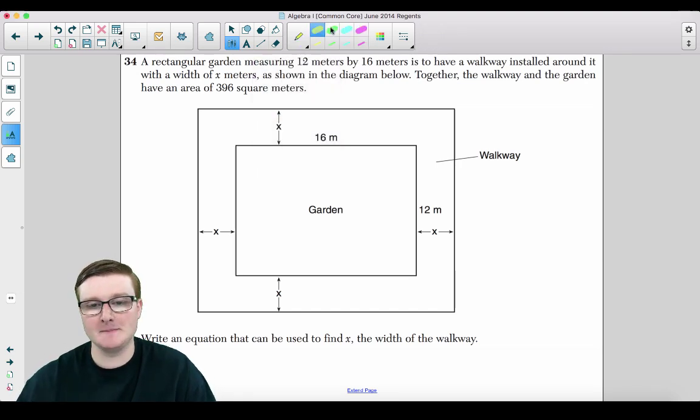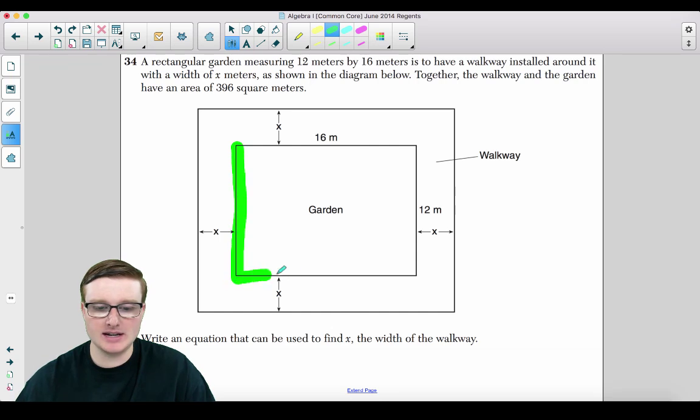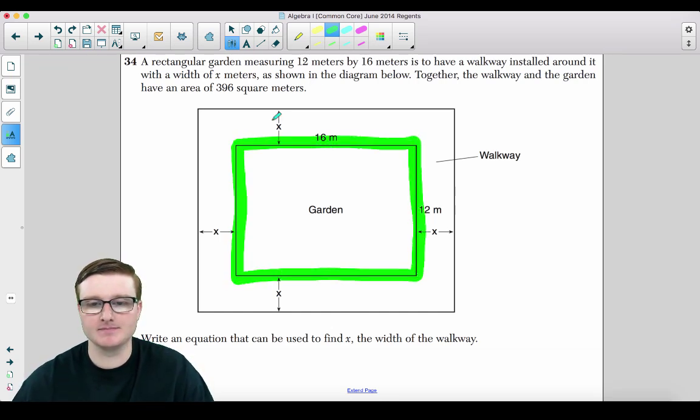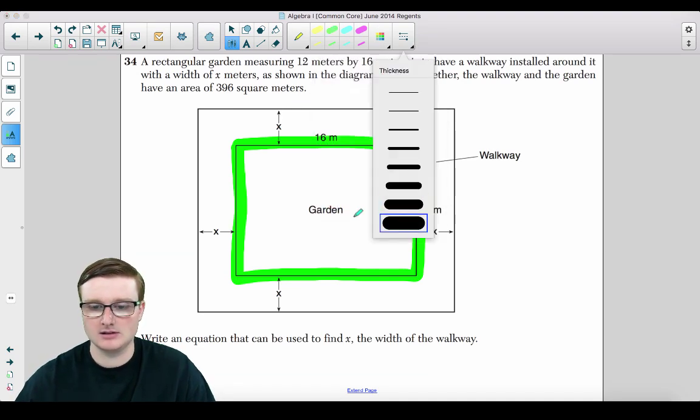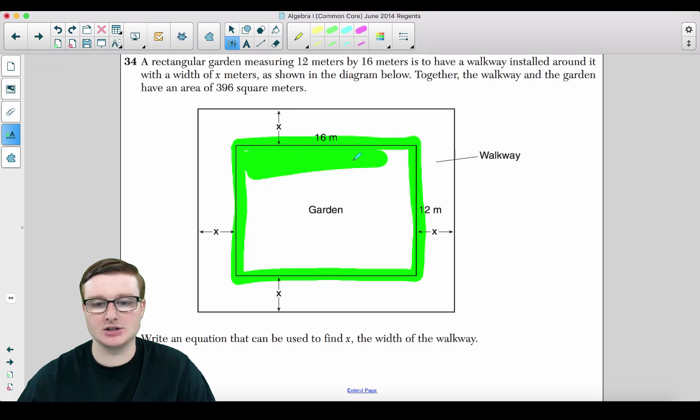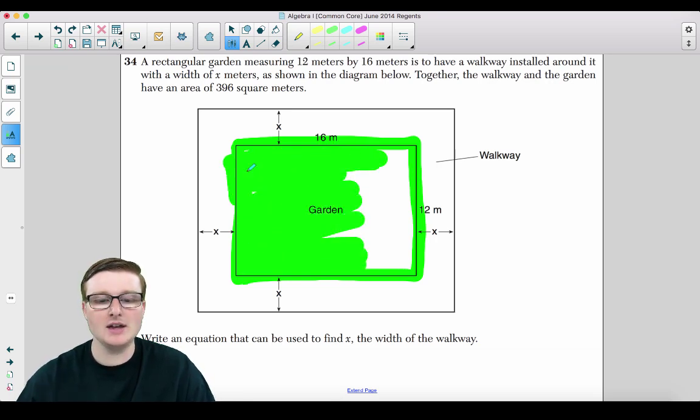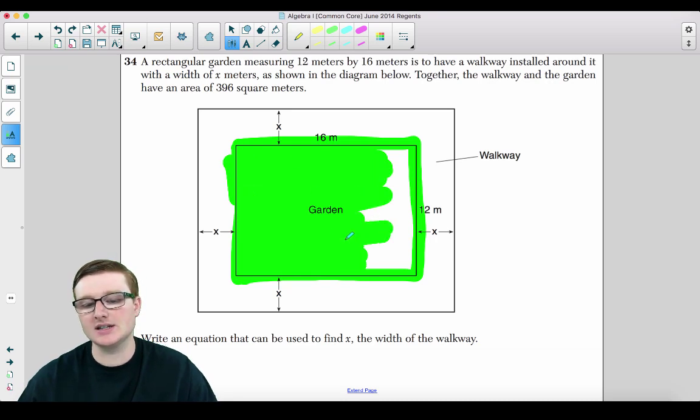So this is what they're saying here. This, ladies and gentlemen, in the middle that you see right here, this is your garden. I'm just going to put this as green because gardens are green. They don't tell you what the area of the garden is, and honestly, we don't really need it.